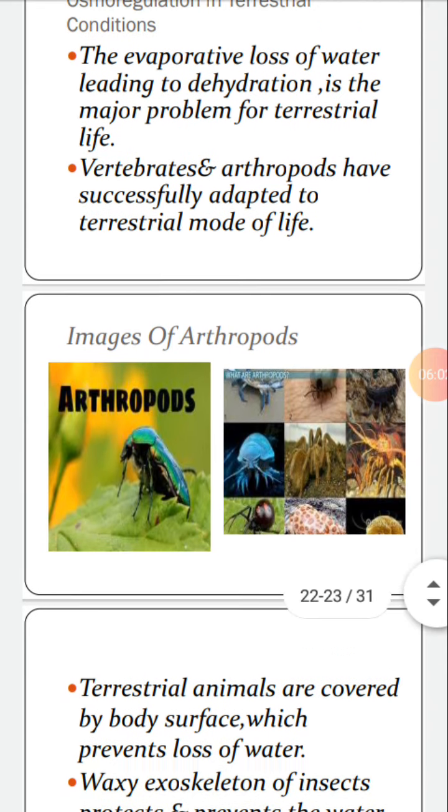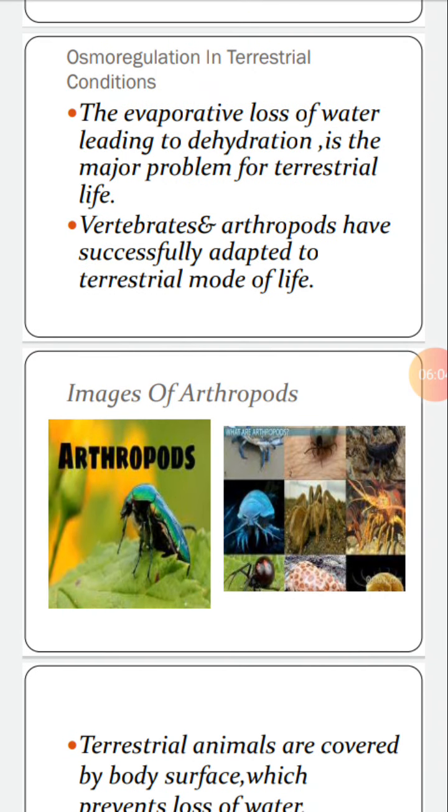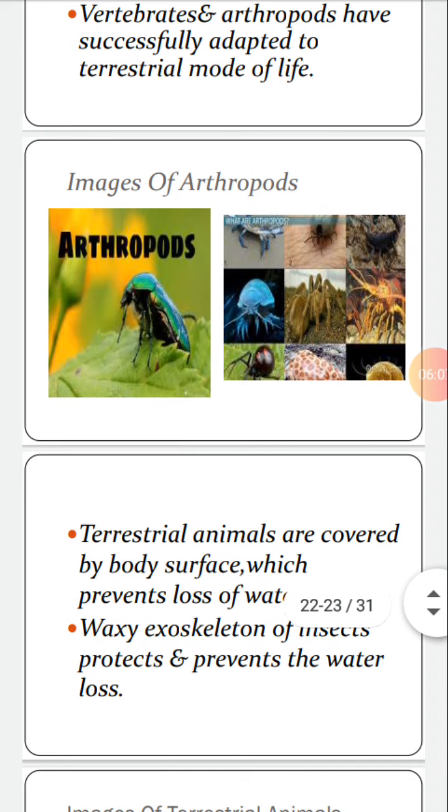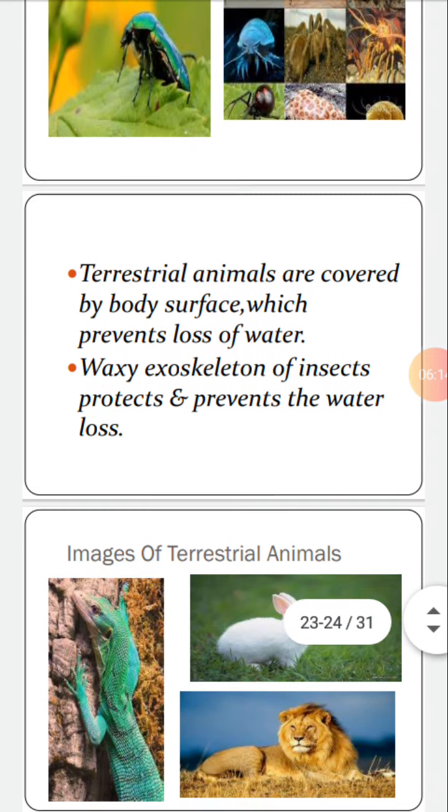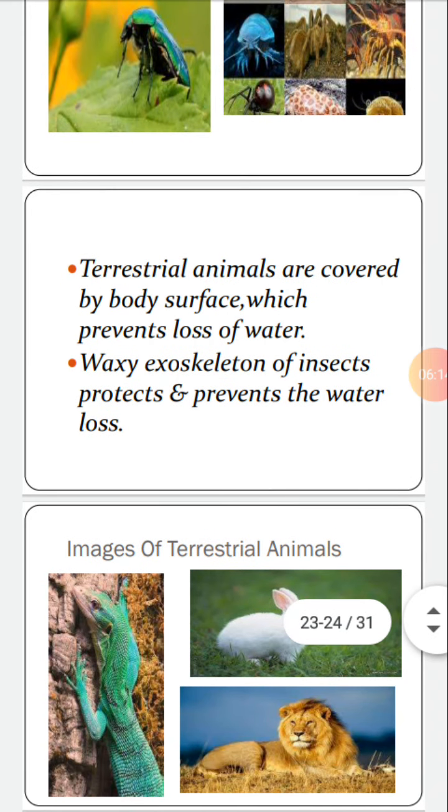Terrestrial animals are covered by surfaces which prevent loss of water. The waxy exocuticle of insects protects and prevents water loss. They have a thick, shiny cuticle on their body's exoskeleton, which protects them and prevents the loss of water.